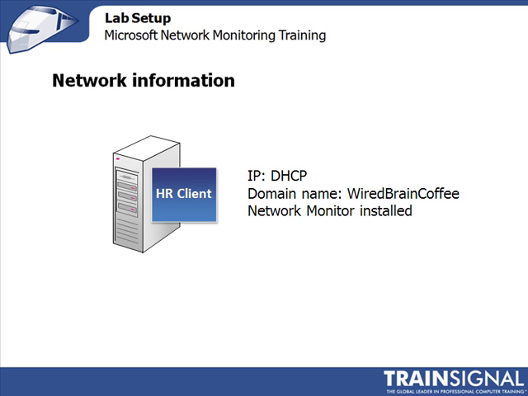And you'll notice, as we start playing around with some of these basic network protocols like DHCP, I'm going to be putting DHCP on WBC DC2. I'm also going to break this machine so that he doesn't get an IP address from DHCP so that we can take a look at what happens with automatic private IP addressing or APIPA traffic. This guy is a member of the domain, Wired BrainCoffee, and we have Network Monitor already installed.